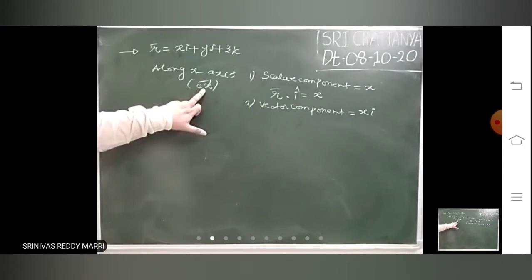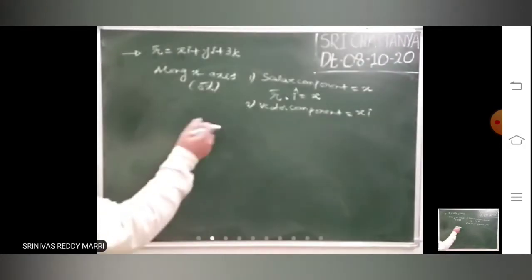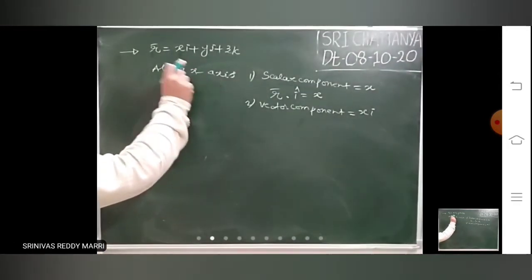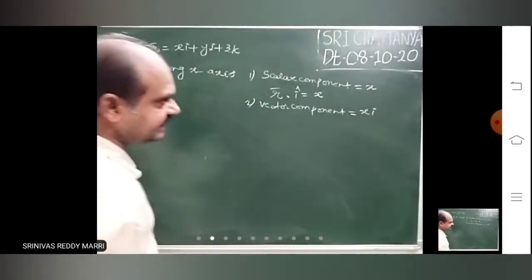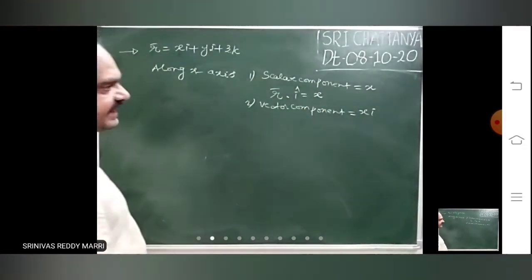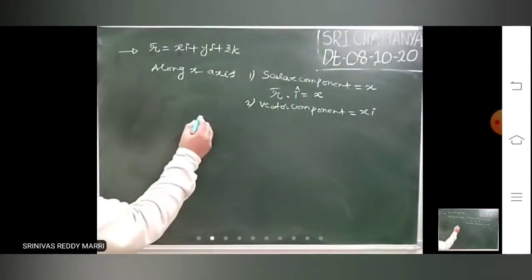So similarly, along x-axis, just take the dot with i, whatever you get, that is x, that is called the scalar component. Vector component means this one.